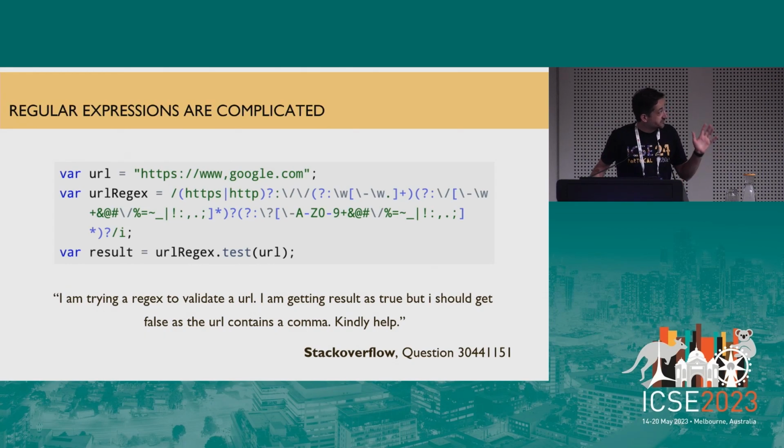That regular expression over there is supposed to validate a URL, and it turns out there is a problem. This is a Stack Overflow question where someone says: I'm trying to use a regex to validate a URL, and I'm getting true, but it should be false because the URL contains a comma. Just after dub, there is a comma instead of a dot.